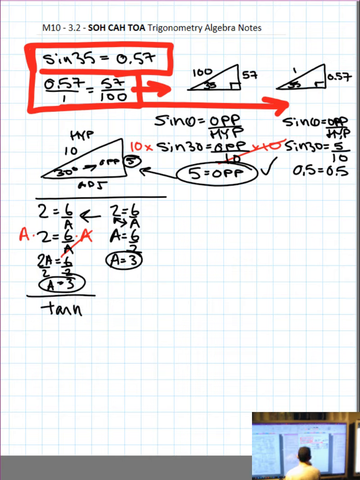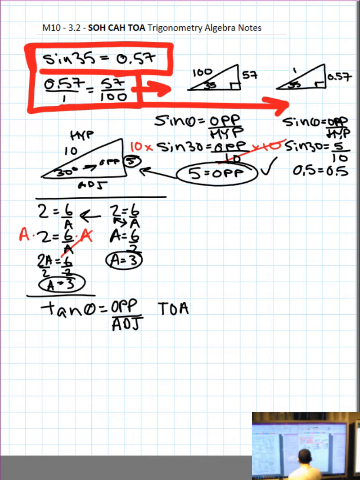Tan theta, that's T-A-N theta, equals, now the definition of tan, TOA, is opposite over adjacent.